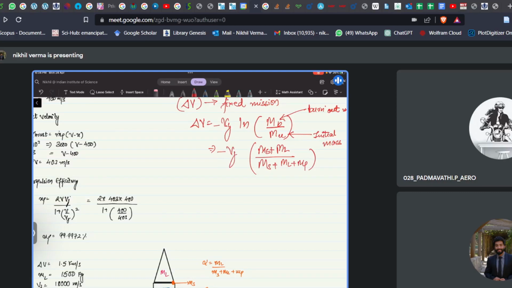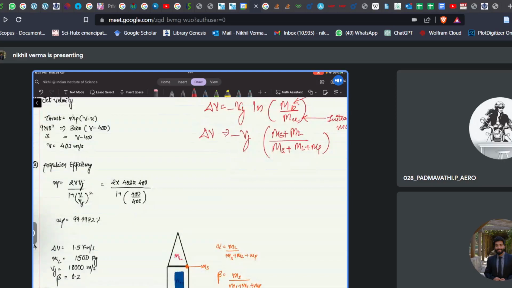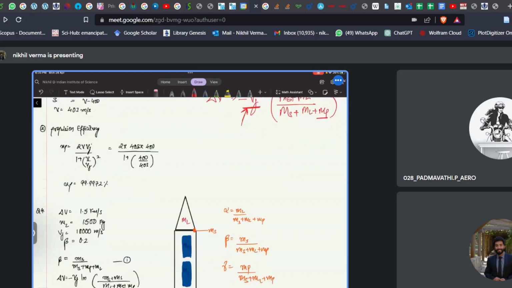So if you have a particular mixture of the propellants that we have decided, based on that you can calculate your Vj. It also depends on your rocket engine design. So your Vj is fixed, you can calculate what is the mass of the propellant that is required for your rocket engine.